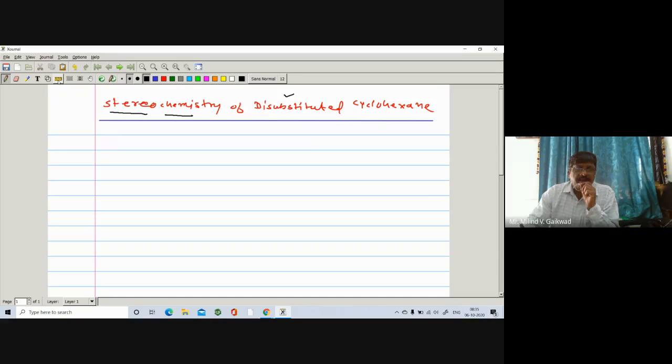So first we will write cyclohexane, that is a disubstituted cyclohexane. Here is a cyclohexane.